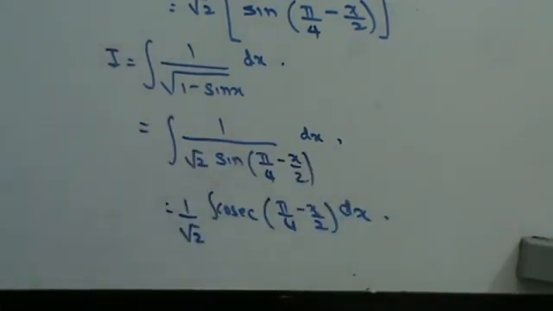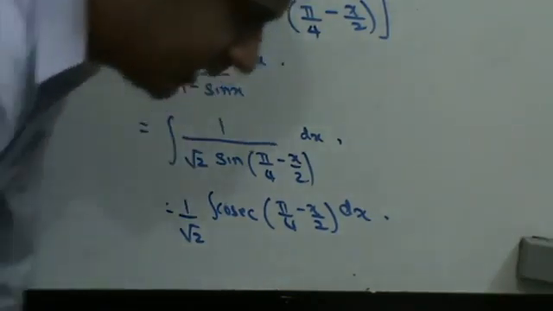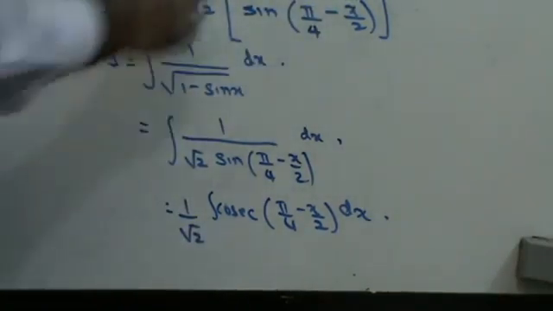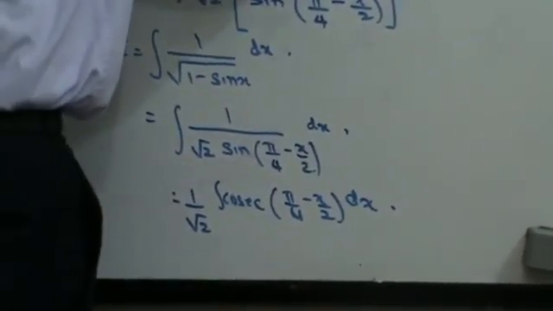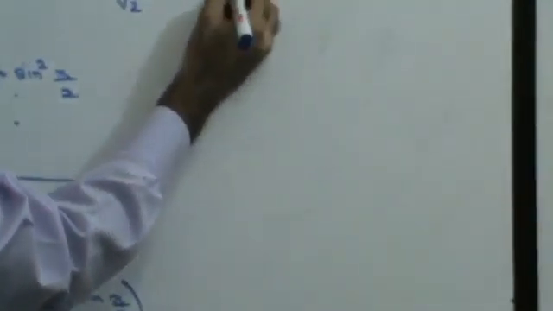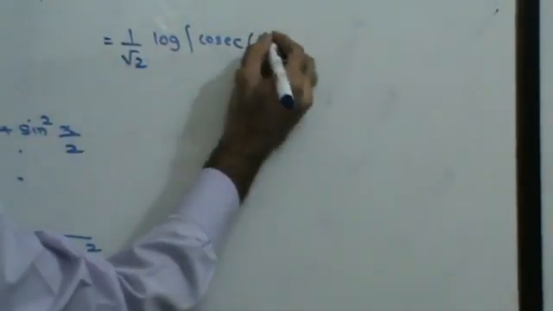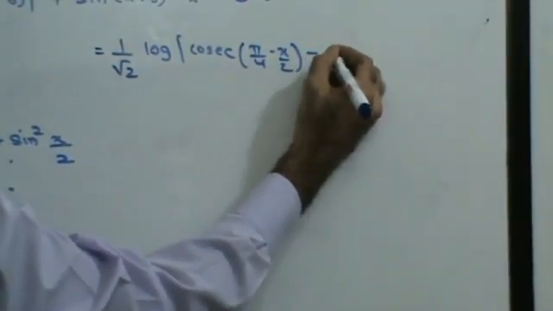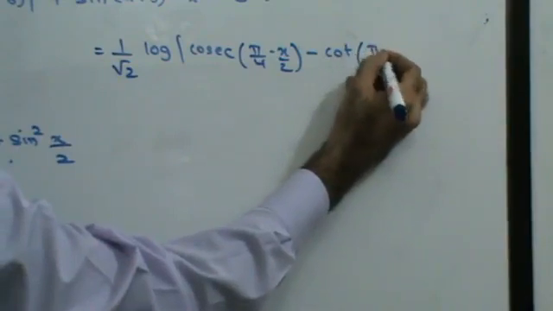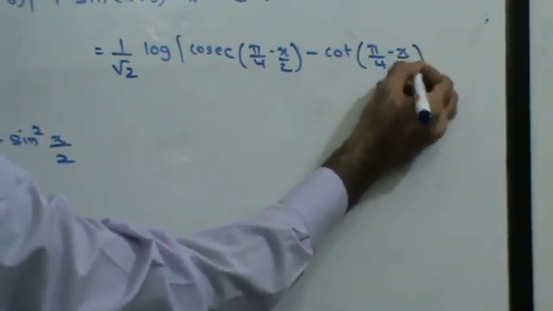Right? Let's continue that sum up there. Now the integral of cosec theta is nothing but log mod (cosec theta minus cot theta). So this is 1 upon root 2 log mod (cosec (pi by 4 minus x by 2) minus cot (pi by 4 minus x by 2)).